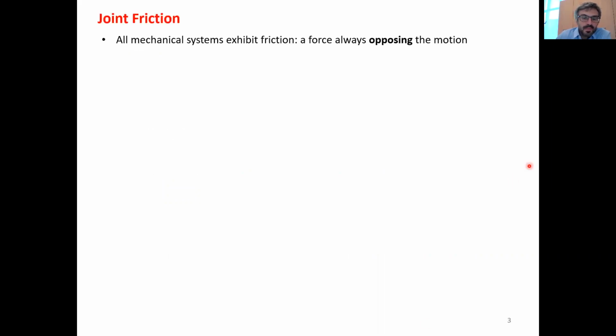Regarding friction, all mechanical systems that have moving parts, moving with respect to the others, like for example a joint, have some sort of friction, and the friction force has the peculiarity of always opposing motion.